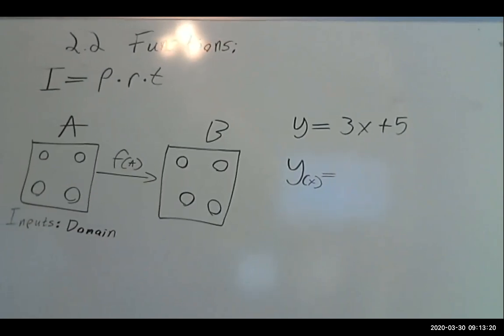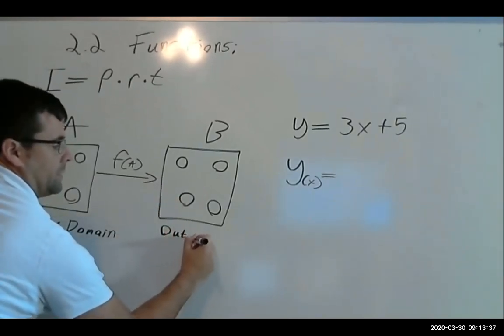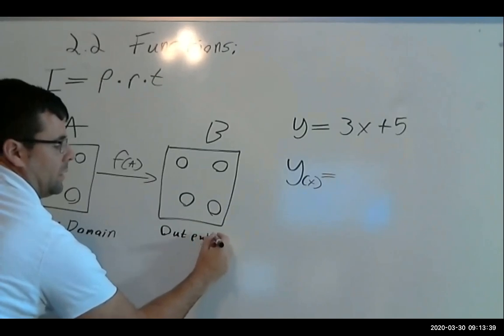So A is the set of numbers that is the domain of this function. So with that, set B is the outputs.